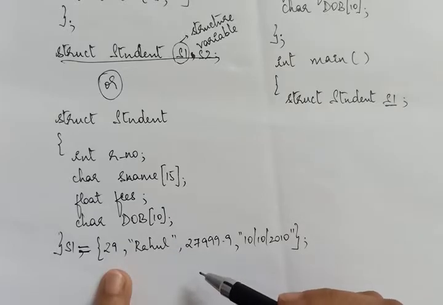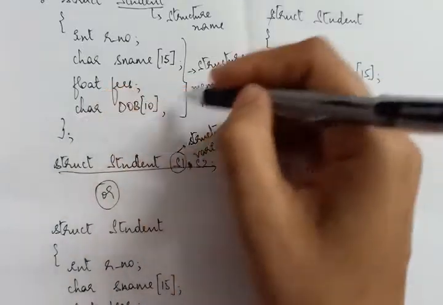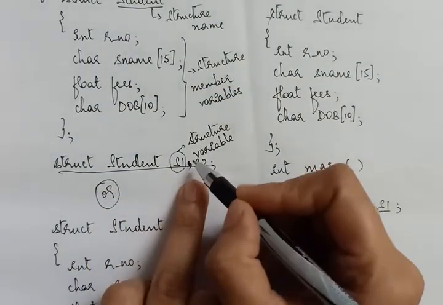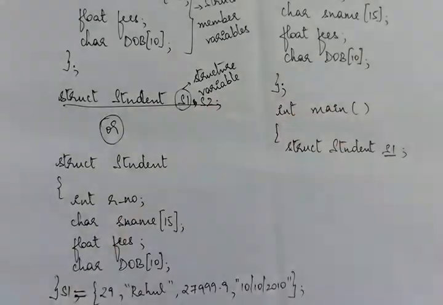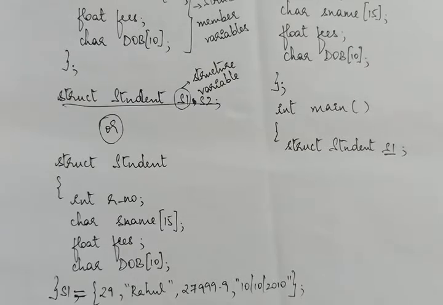This is one way. If you are initializing it after declaring it, that is this way, struct student s1, then you can have equals here, and the same way you can declare there as well. Okay, this is static initialization within the program.